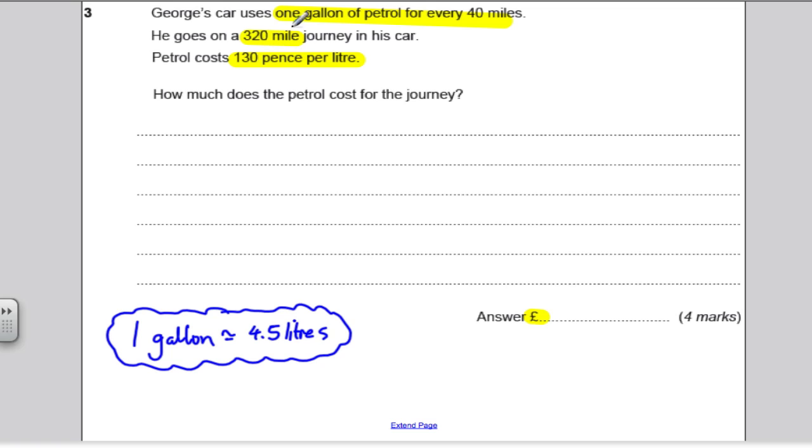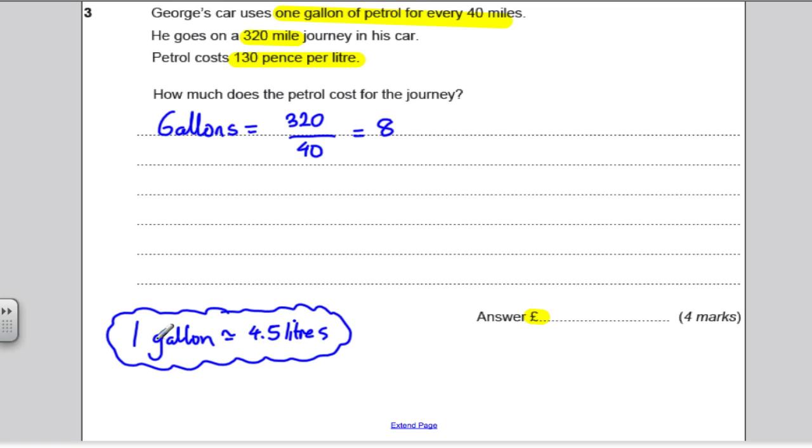So, he goes on a 320-mile journey, and for every 40 miles he uses 1 gallon. So the number of gallons he uses must be 320 divided by 40, which is 8 gallons. Now we know the cost per litre, so we have to convert gallons to litres.